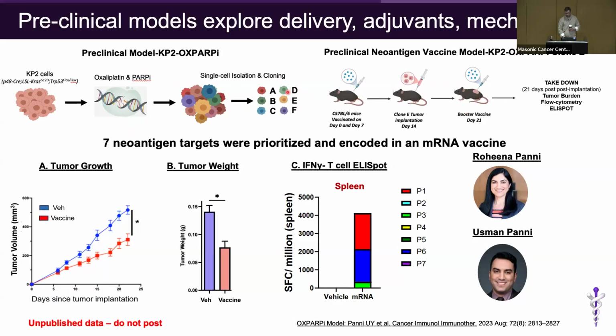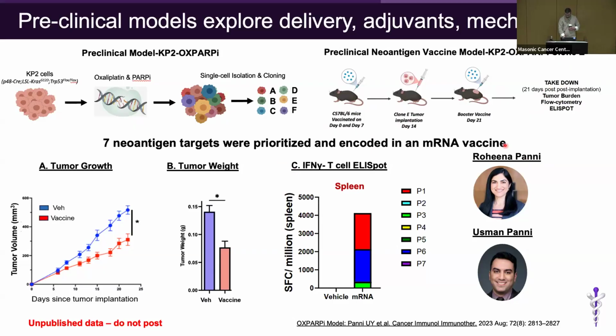So in this, there's a lot of different experimental approaches, but in this approach, the mice are given a vaccine before they get the tumor, then the tumor is implanted, and then they get booster doses of the vaccine, and there's been various schedules experimented with, and then the tumors either grow or they don't grow a certain amount, and then you take down the mice and assess tumor burden, and then do flow cytometry and ELISpot to try to get a sense of, is the immune system actually recognizing and potentially killing the tumor.